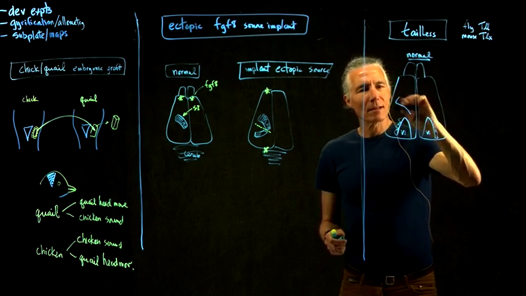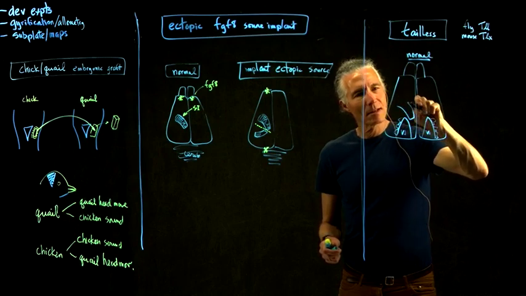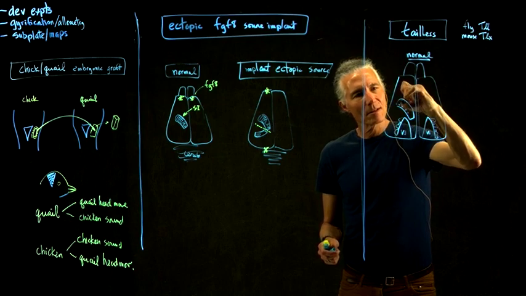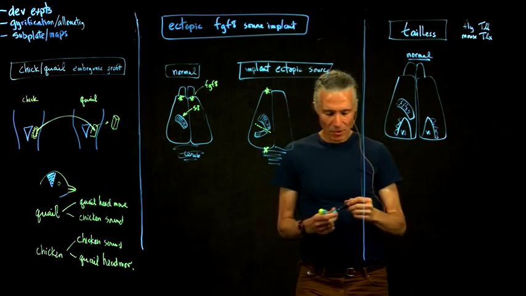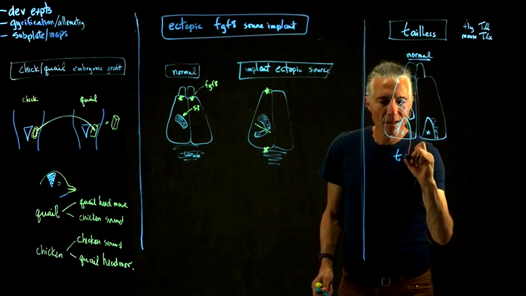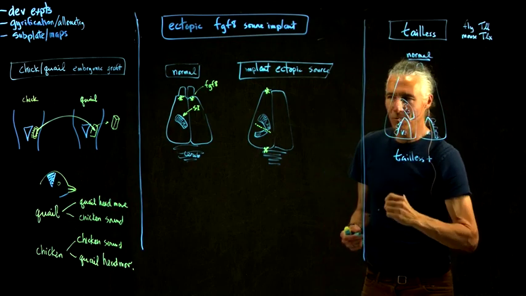Somatosensory cortex is pretty close, right about here. So here's somatosensory, with all the little barrels. That's the normal one, which you would call tailless plus, because tailless is working.